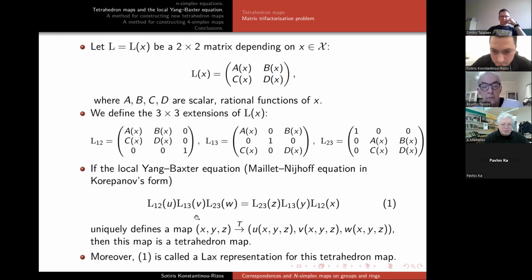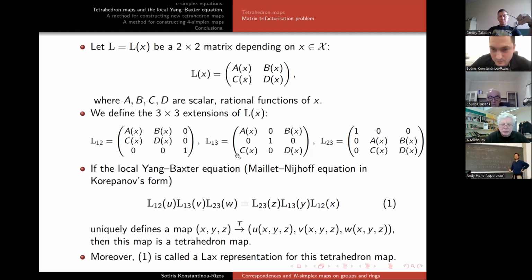So, a system of equations for u, v, w and x, y, z. If the system has a unique solution for u, v, w, it turns out that this map is a tetrahedron map. But polynomial in A, B, C, D? Well, in all the examples it will be polynomial.